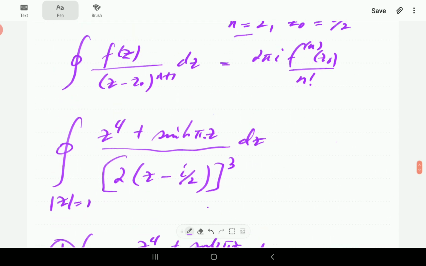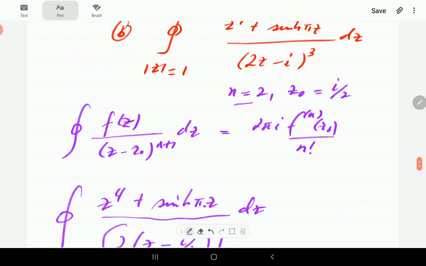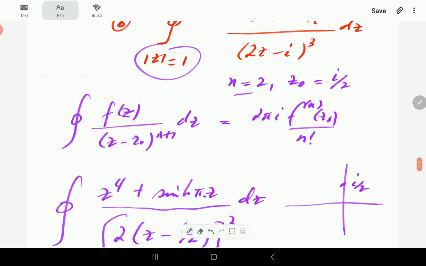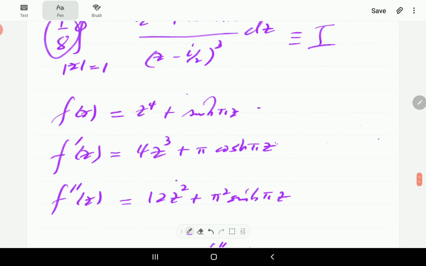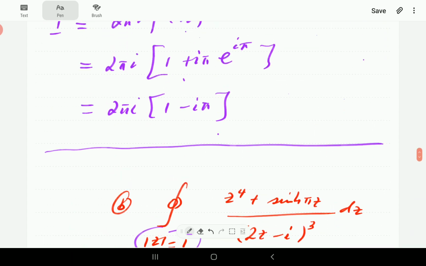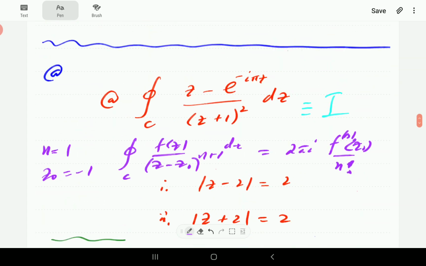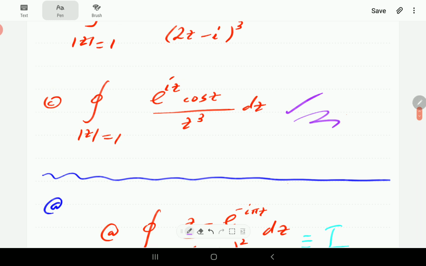The singularity of this function is at i over 2. There's i over 2, and the contour is mod z equals 1, which is a circle of unit radius. So that finishes that up. If you'd like to have a go at C, there is C. Just pause the video and then you can compare with our answers later.